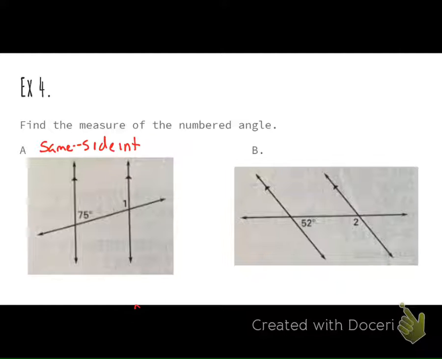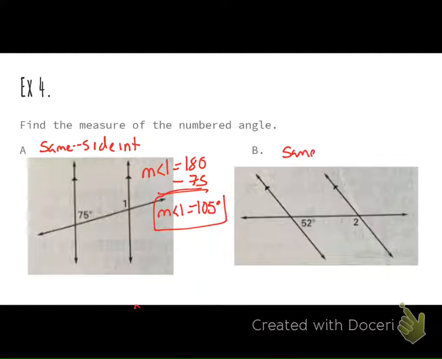We know that it's going to be 180. So remember that they're supplementary. It's the only one that's different, which means it's going to be 180. So the measure of angle 1 can be found as 180 minus 75. So the measure of angle 1 is going to be 105 degrees.